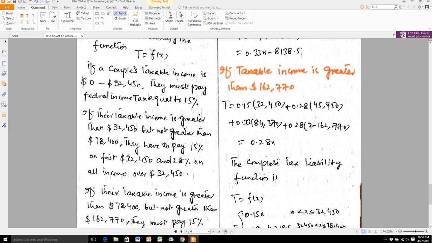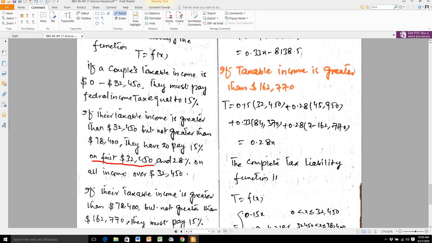If their taxable income is greater than $32,450 but not greater than 78,400, they have to pay 15% on the first 32,450, the most important point.